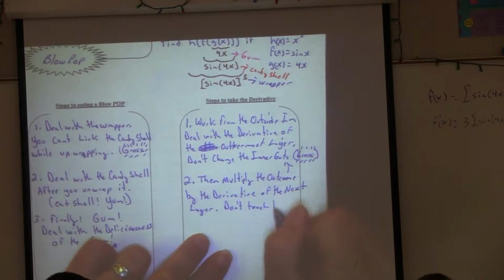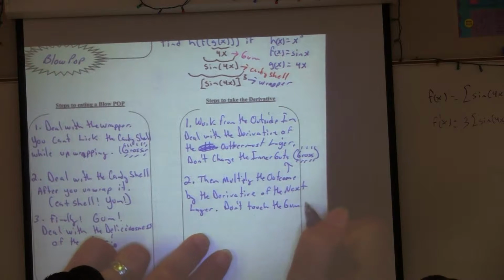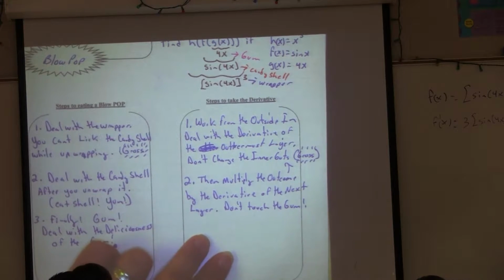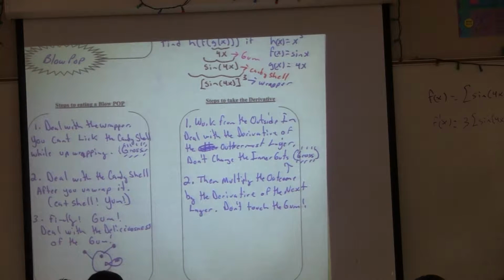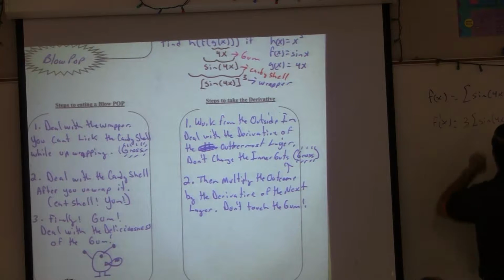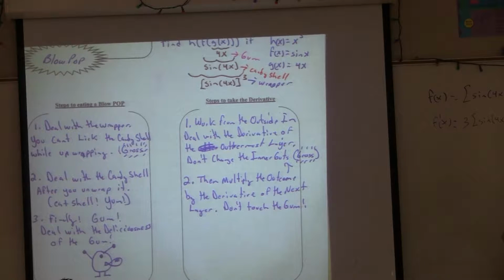So don't touch the gum. Okay, so now we're going to multiply this outcome by the derivative of the next layer, which is the candy shell, sine of 4x. So what's the derivative of sine of 4x? Cosine of 4x. We can't touch that gum, right? Understand?